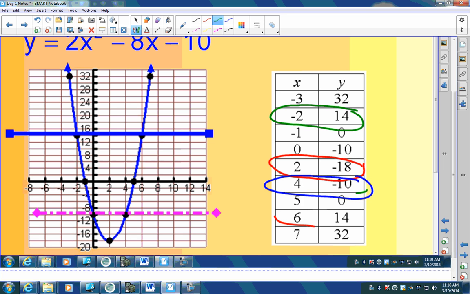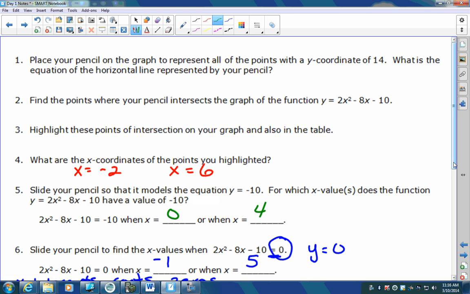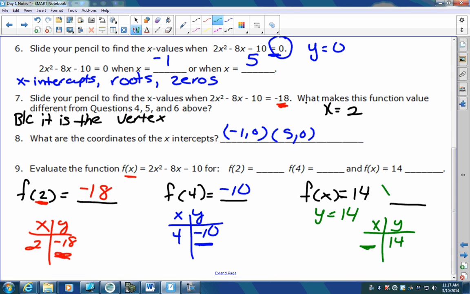It's negative 2 and it is 6, because at 14 they cross at two spots. You do not add them. They just ask you where the y was, and you would write x equals negative 2 and x equals positive 6. You're going to have two answers a lot of times on your parabolas.